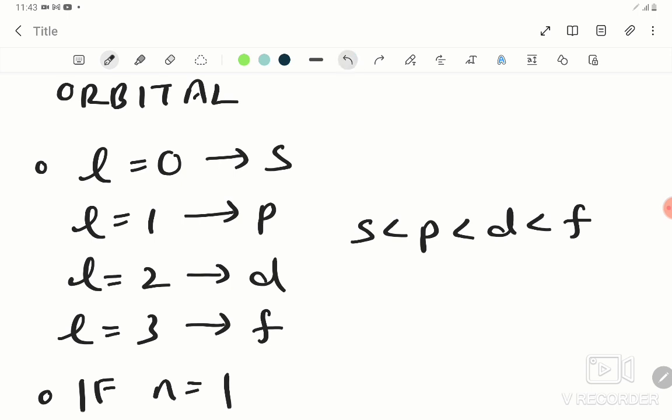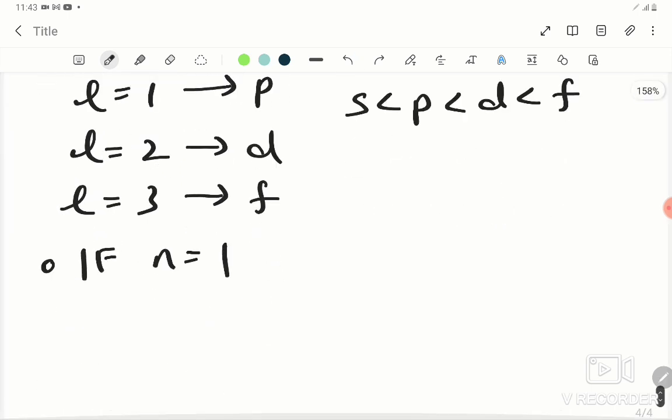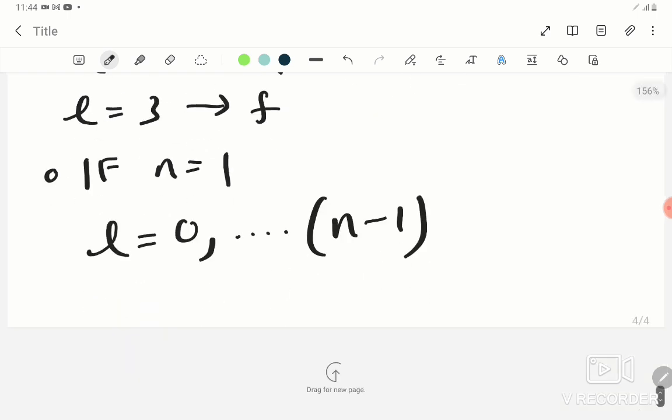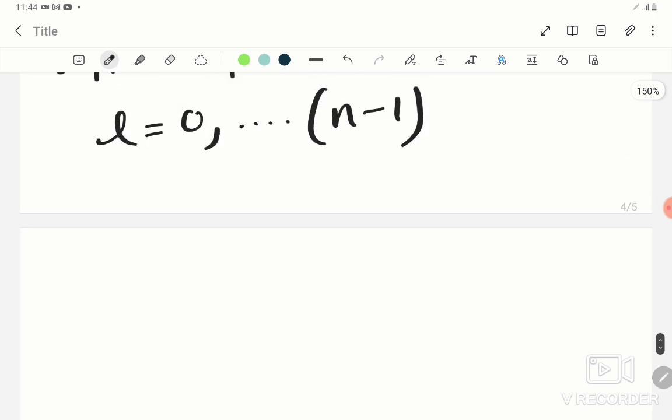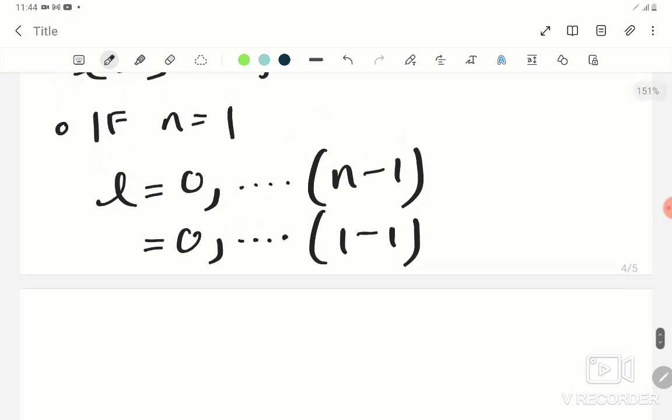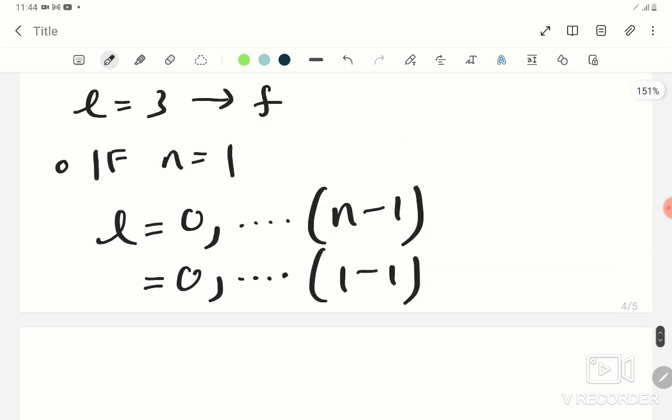अब guys हमें अलग अलग cases observe करने होंगे. Guys, if the value of principal quantum number n is equal to 1, then the value of angular quantum number L will start from 0 and it will go up to n minus 1. So if we substitute n is equal to 1, then the value of angular quantum number will start from 0 and it will go up to 1 minus 1. Now guys, 1 minus 1 is also 0.